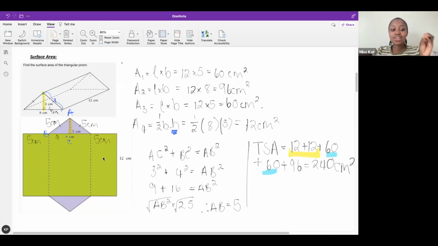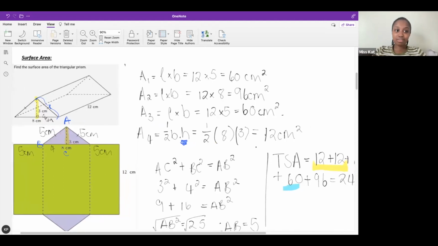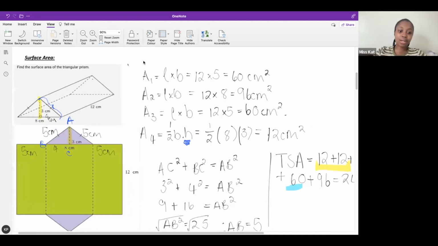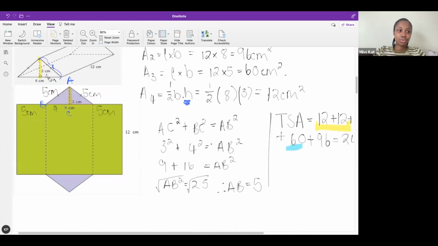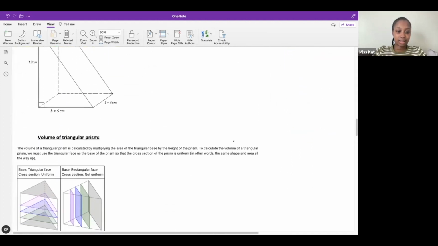Here you have to meticulously get the area of every single shape and then add them at the end. So it's a lot more work. Okay, I was planning on doing another one, but because of our little confusion, which I think was healthy for you guys to see that mistakes happen, let us skip over to volume and then the brain break.